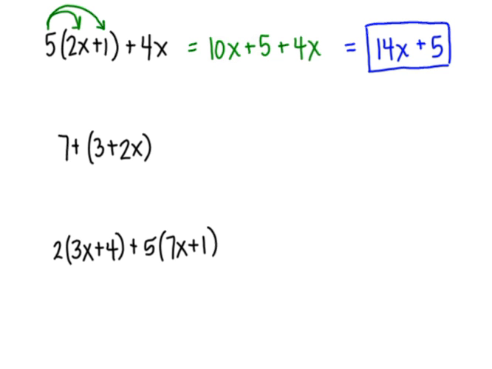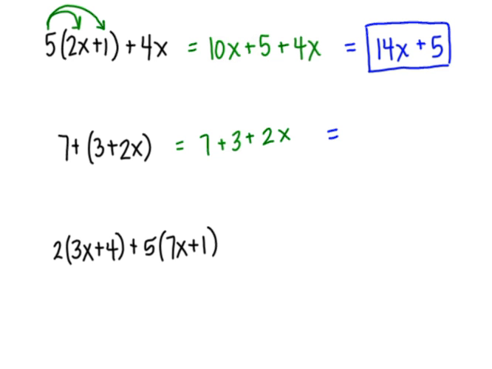Your next one is very tricky. You have a plus sign in front of the parentheses. The problem actually reads 7 plus parentheses 3 plus 2x close parentheses. You'll notice that there's only a plus sign directly in front of the set of parentheses. So all you have to do is drop the set of parentheses and you get 7 plus 3 plus 2x.